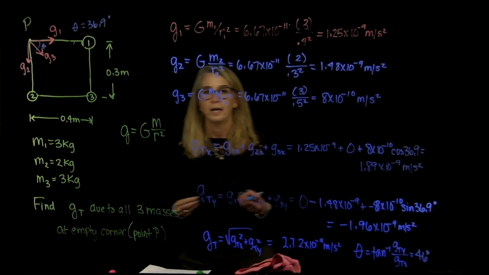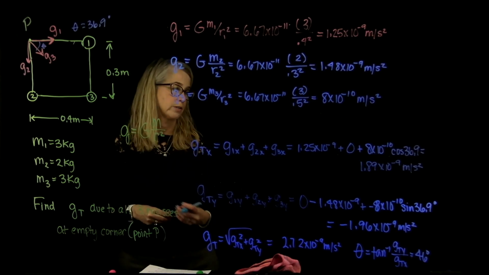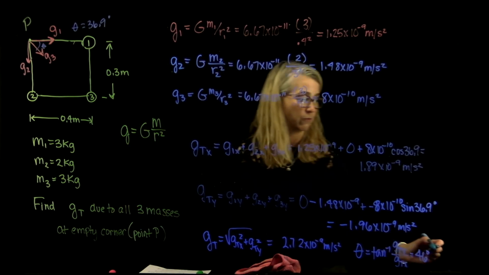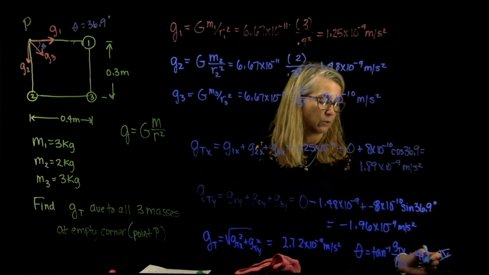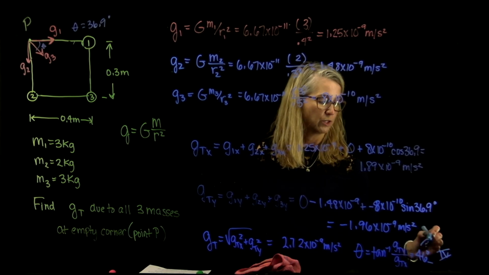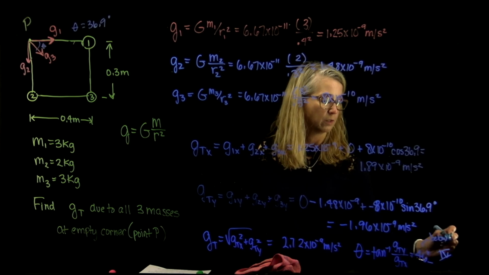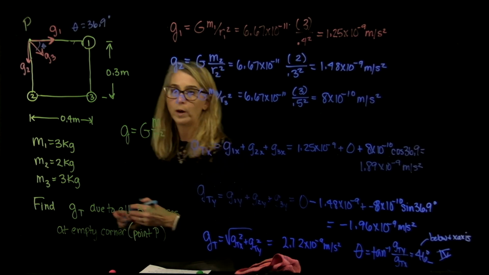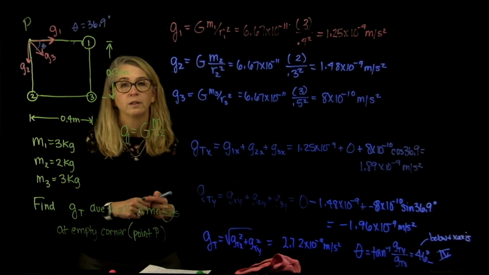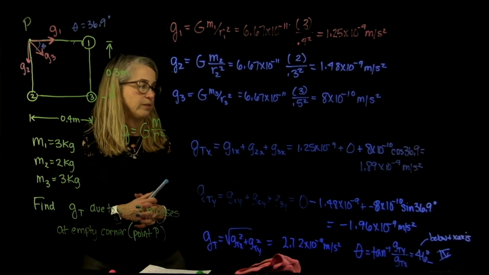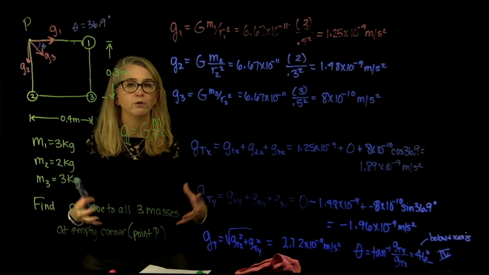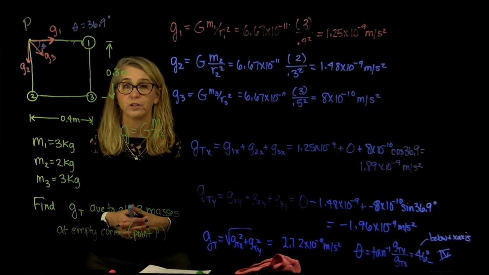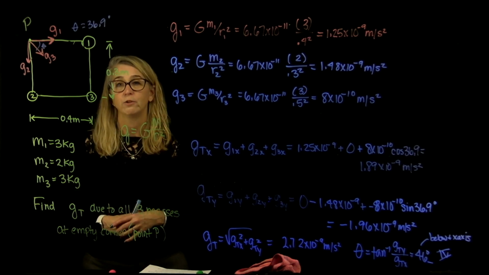But when we look at our components, we have a positive x and a negative y, so that's going to be in the fourth quadrant, and so this is 46 degrees below the positive x-axis. Again, we wanted to really specify where exactly that's going to be. All right, so I hope that these examples helped, maybe give you a refresher on adding vectors and then incorporating these new definitions, like here, the gravitational field.